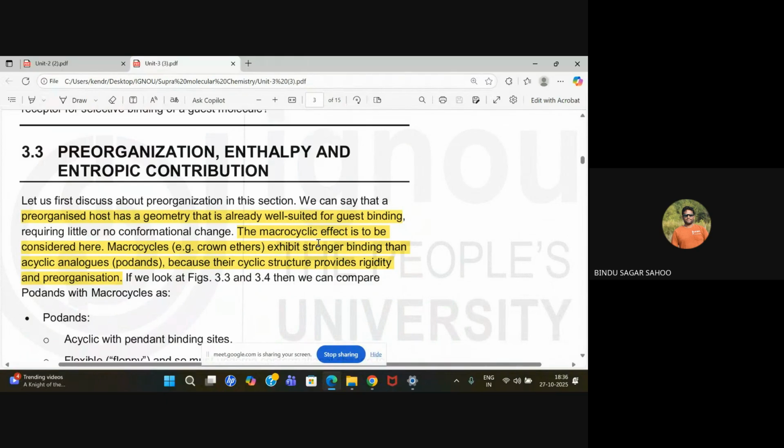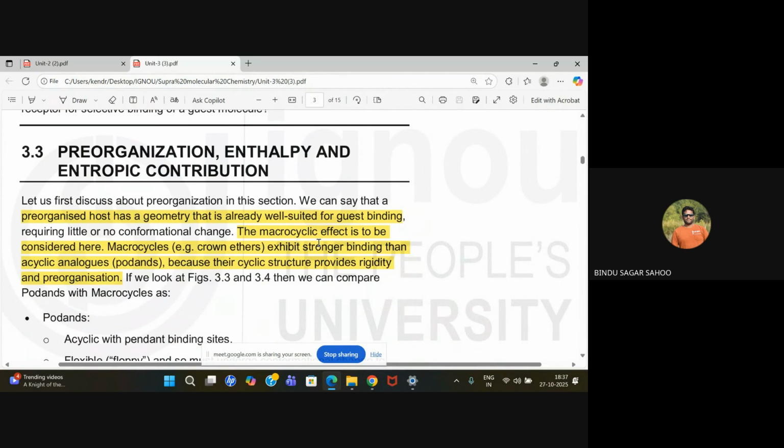So the macrocyclic effect is to be considered here. Macrocyclic effect means, like the crown ether complex, that crown ethers exhibit stronger binding than acyclic analogous compounds. Not only crown ethers: any cyclic compound makes a stronger binding compared to open-chain compounds.